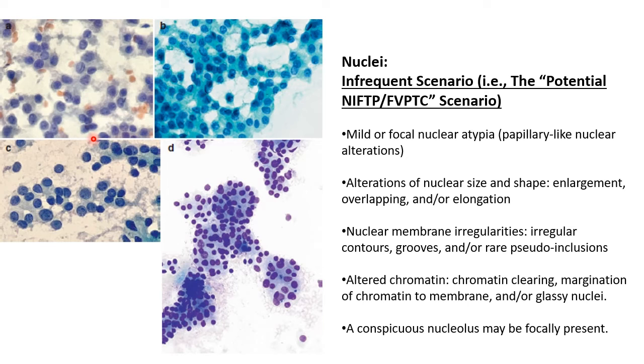Pseudo-inclusions are rare, but sometimes they may be present. Chromatin clearing can be seen, margination of the chromatin towards the sides, and prominence of the cell membrane can be seen, and sometimes conspicuous nucleoli can also be present. So if all these changes are present, the possibility of NIFTP or FVPTC should be given in these cases.